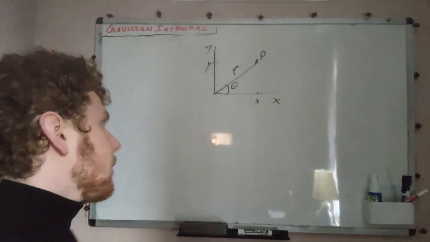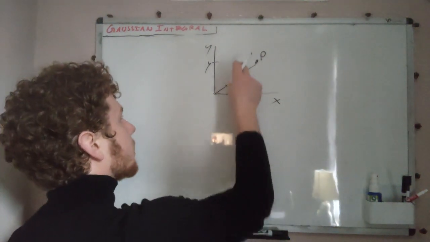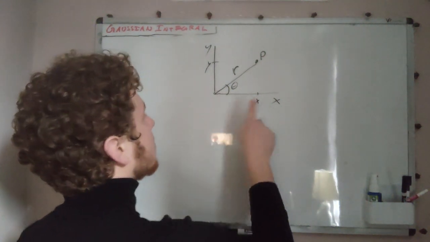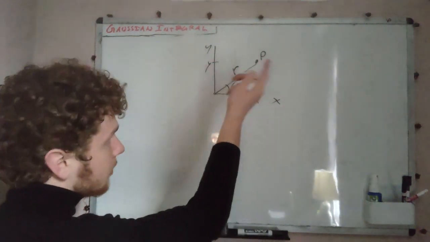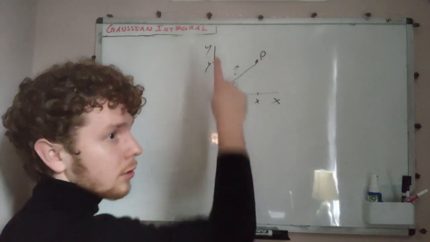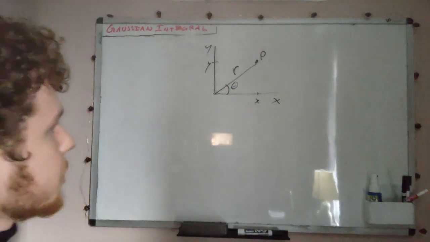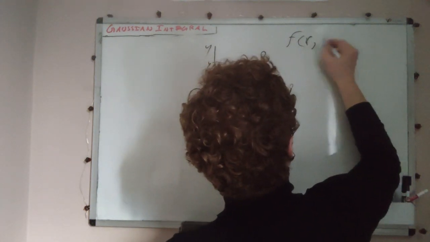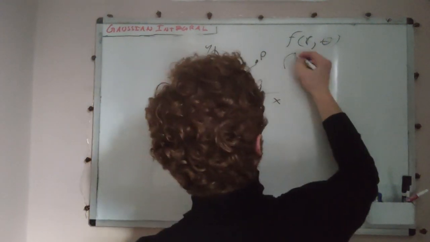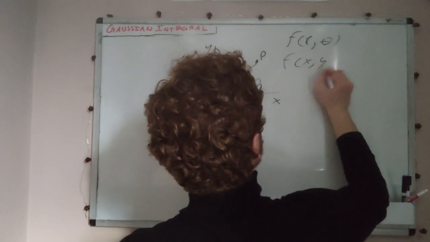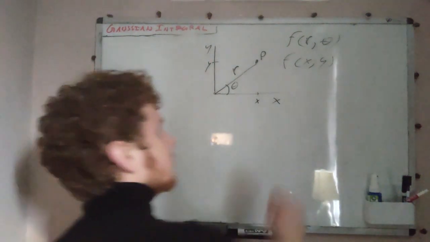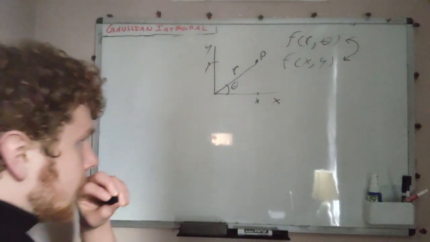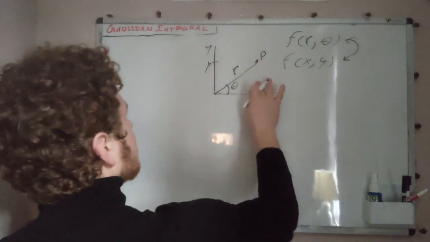But what if I want to write the values of r and theta in terms of x and y, and transform from the x and y plane to these polar coordinates? So basically, I want a function in terms of r and theta, but I now have a function of x and y, and I want to go back and forth between these two. Well, first let's take out this triangle here.